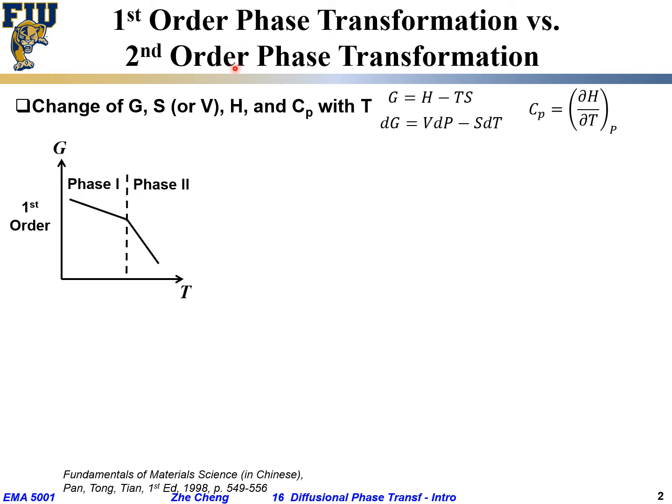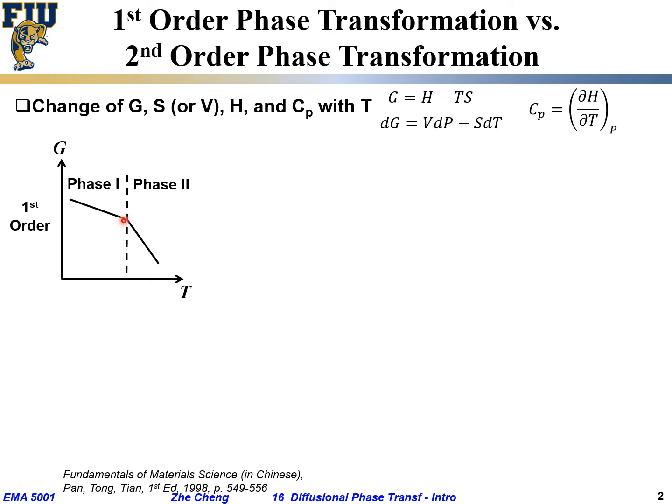First we plot the change of Gibbs free energy versus temperature, for phase 1 on the left, phase 2 at high temperature on the right, and at the transition temperature, the Gibbs free energy is the same at the equilibrium transition temperature.